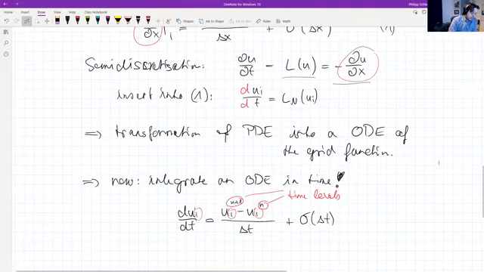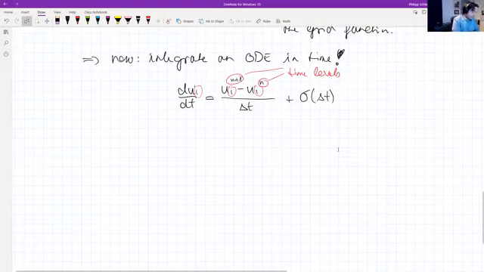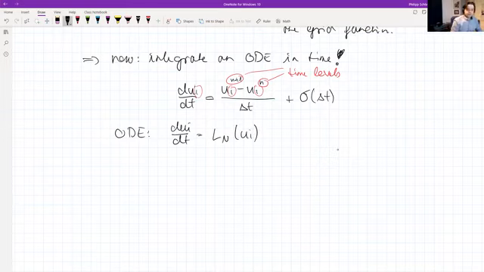Okay, so this here is the time discretization of the ODE. And now if you put everything back together, so we go back to our semi-discretization, we can write that our ODE looks like this. We have dy dt is L of ui. So this L operator that we introduced before.